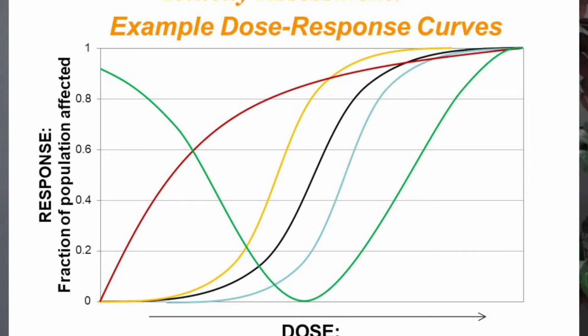Whereas if you look at the yellow, black, and the blue, the ones in the middle, they have a threshold and then start gradually rising, and then some saturation perhaps at the very high levels. So these dose response relationships are important in terms of determining the potential cancer or non-cancer effects, which we'll be discussing pretty soon.